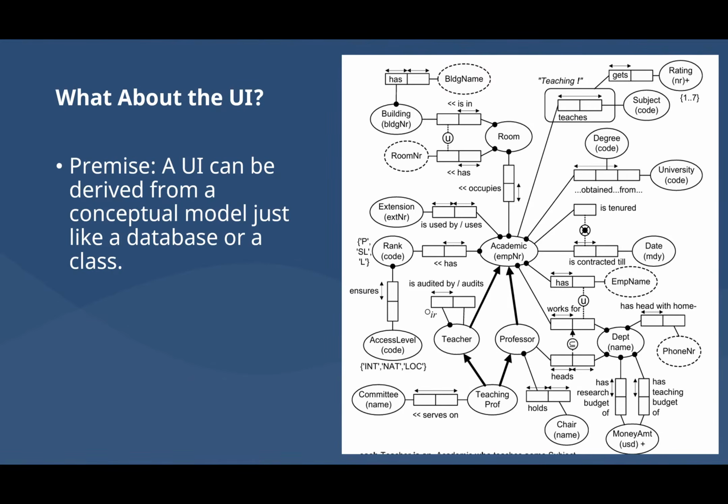And if we were looking at a professor, let's say down here, we would want to see things like what chair they hold, what department name they had, what department they work for, what is their employee name, are they tenured.